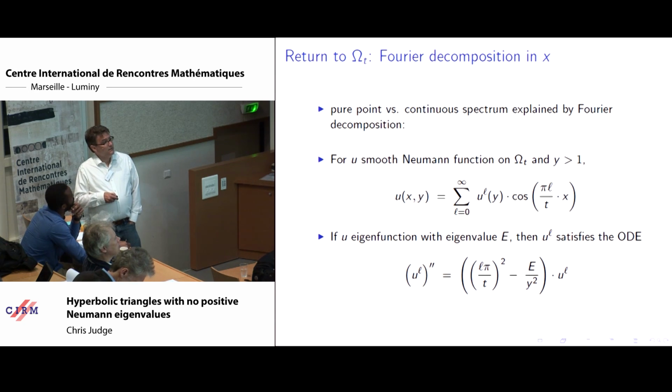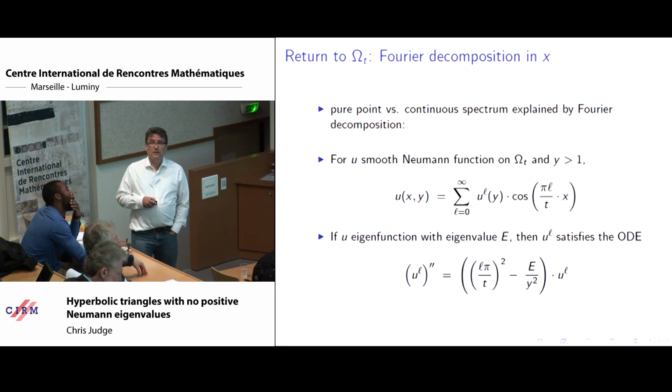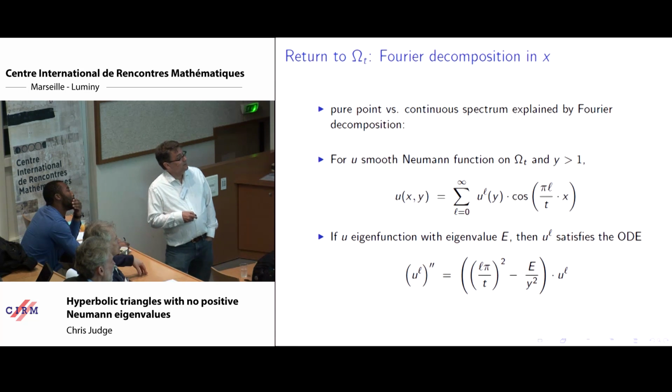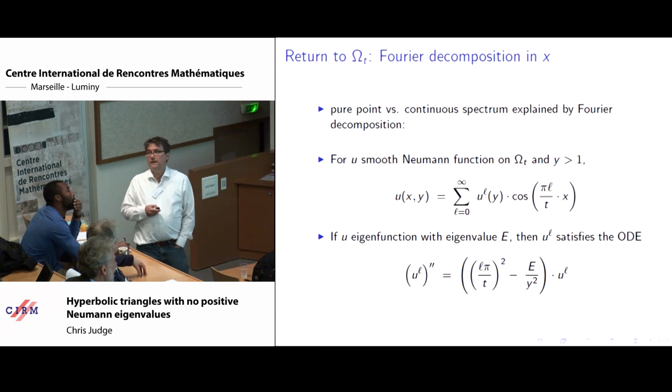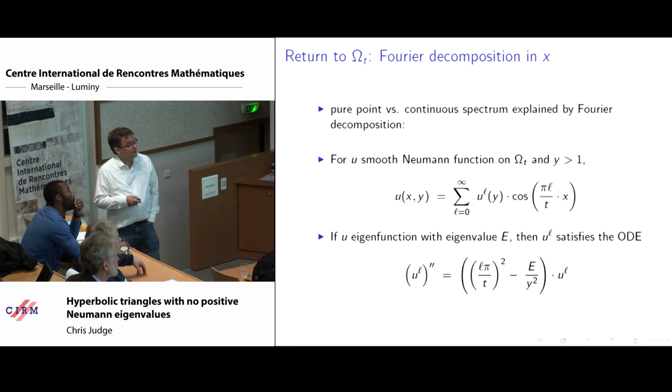It only has at most 1 zero, and so this equation has a turning point. And that turning point will be very important to us. We'll be able to use the Airy functions. So a lot of our analysis comes down to understanding Airy functions.